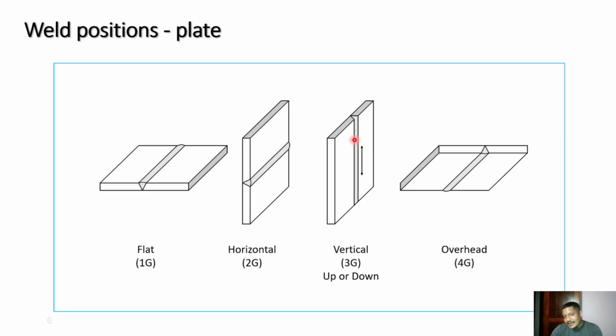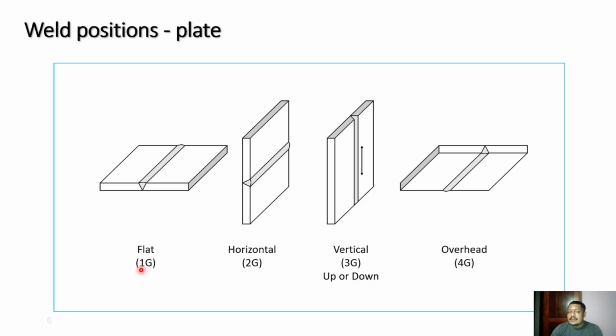If you are welding in a vertical up or down position, going from bottom to top or from top to bottom, we call it vertical, 3G, and overhead we call 4G. So you will have 1G, 2G, 3G and 4G.